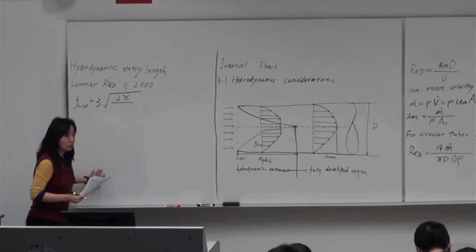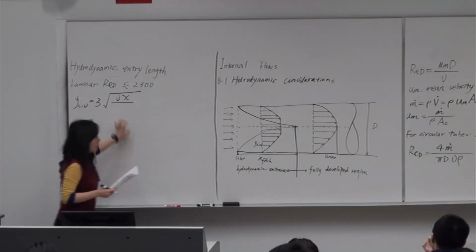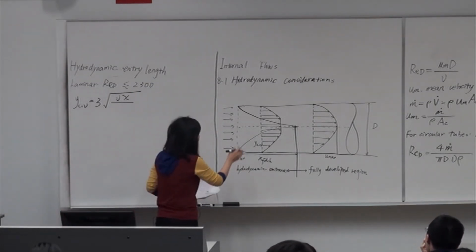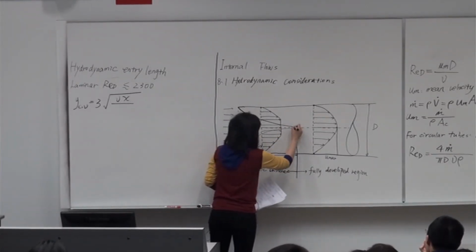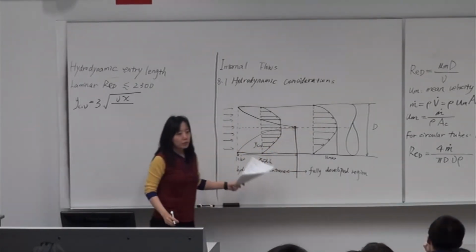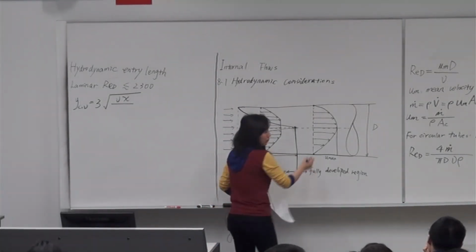In external flows, everything is clear. We use U infinity, right? But when the two boundary layers collide, what's the velocity at that point? U maximum, exactly.